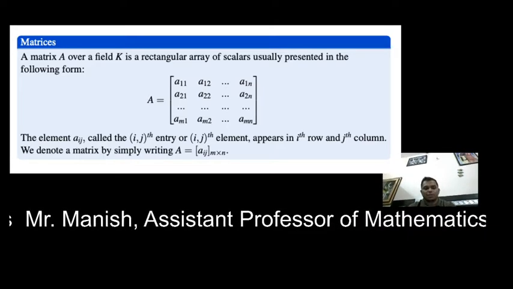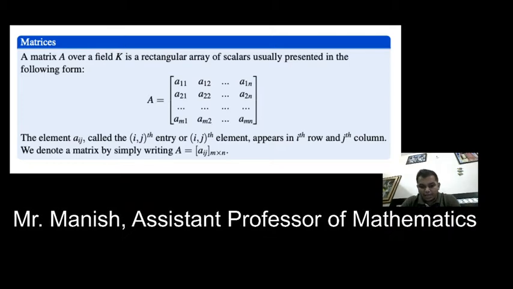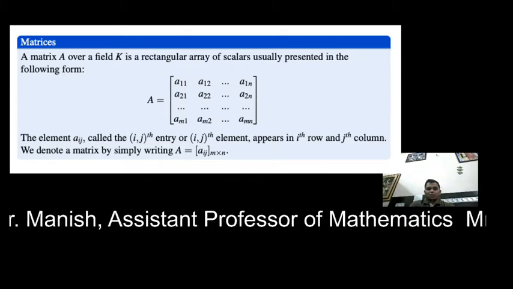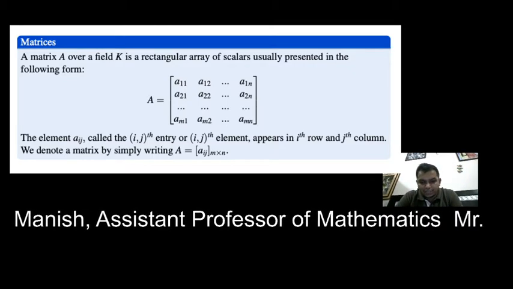What is m cross n? m is the number of rows and n is the number of columns. So this is all about the matrix definition.